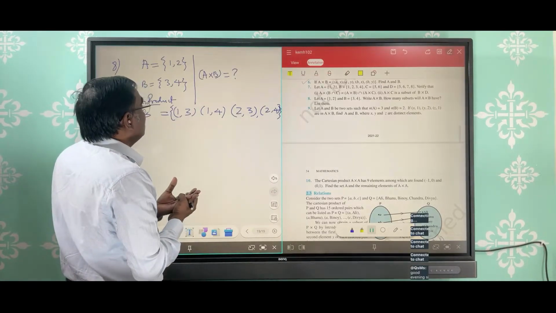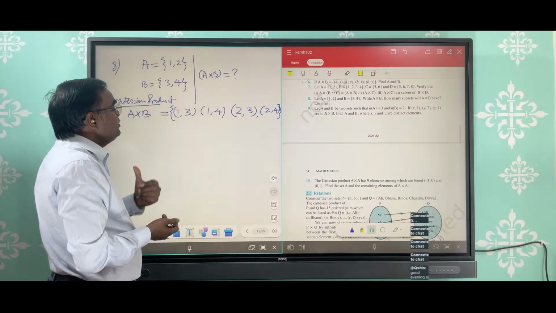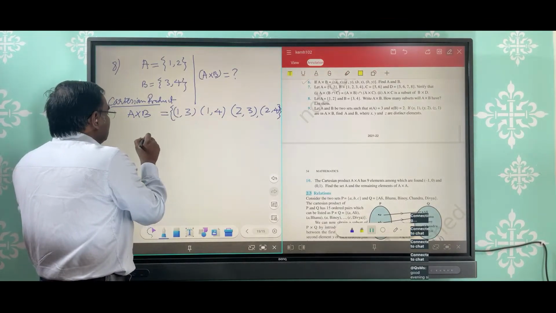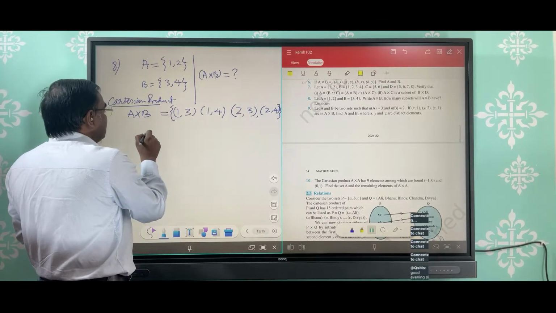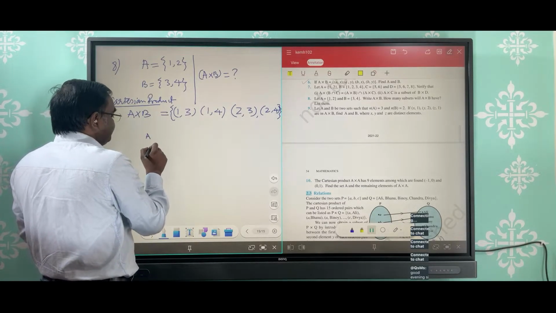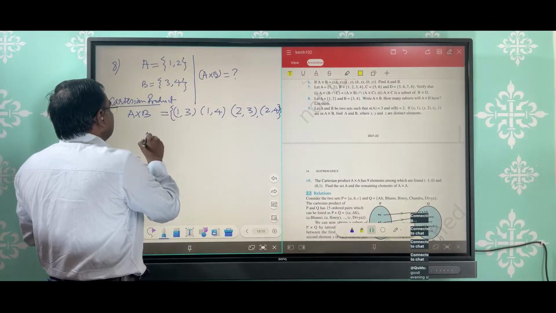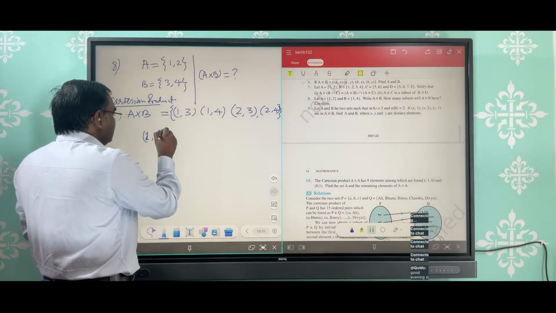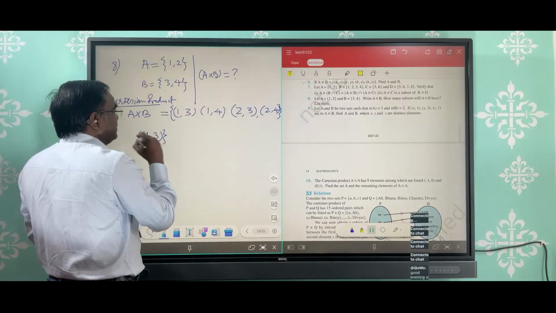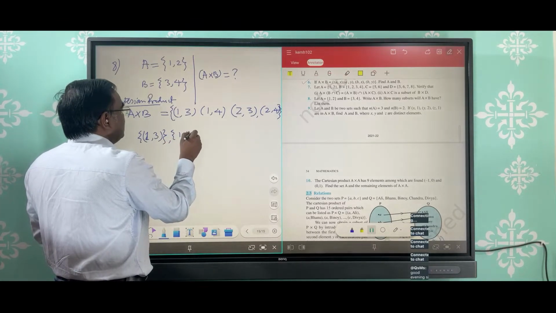So you have to make the subsets taking the elements from this set A cross B. Subsets will be taking elements from this set, that is (1,3) first subset, (1,4) second subset.